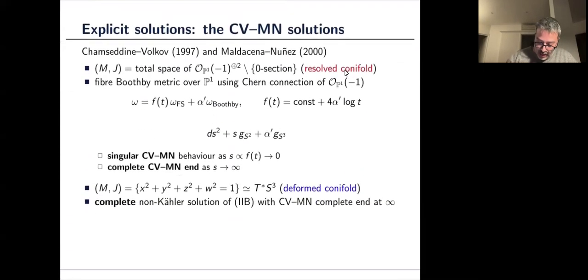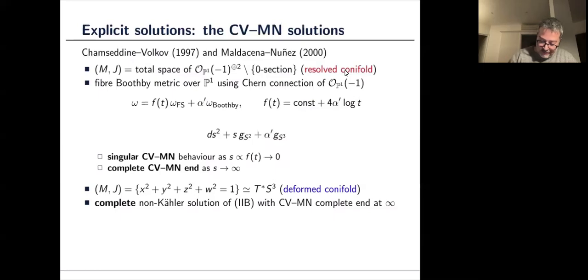Right? And that's one thing. And then also in the physics literature, there's another explicit solution that I'll also call the CVMN solution. This now lives on what's known as the deformed conifold. As a complex manifold, this is the affine hypersurface inside C4 cut out by the equation x squared plus y squared plus z squared plus w squared equal 1.